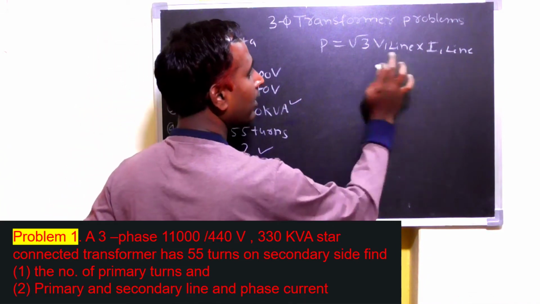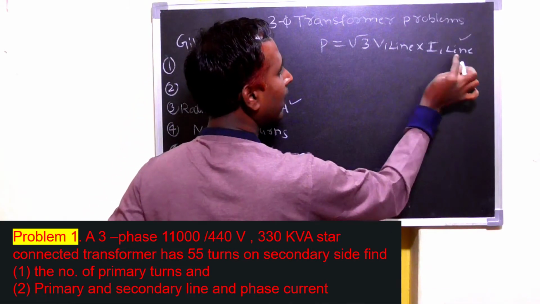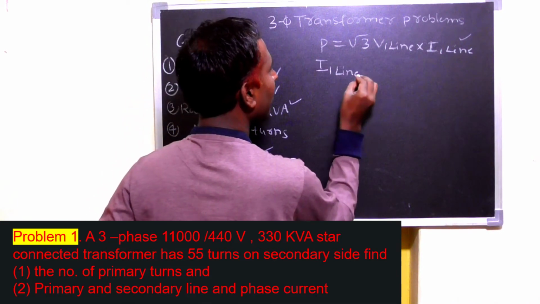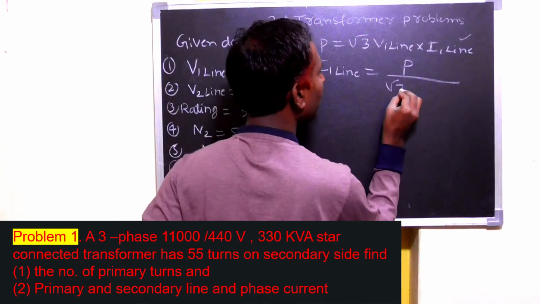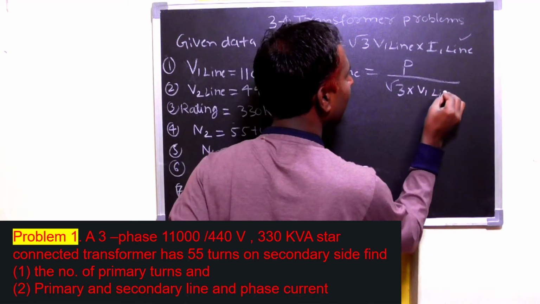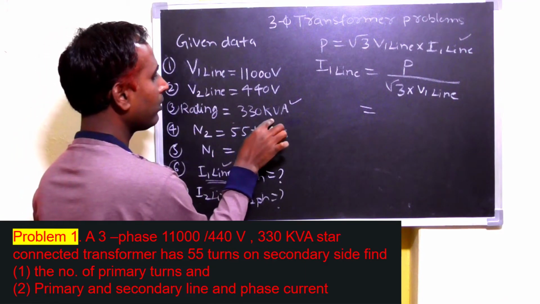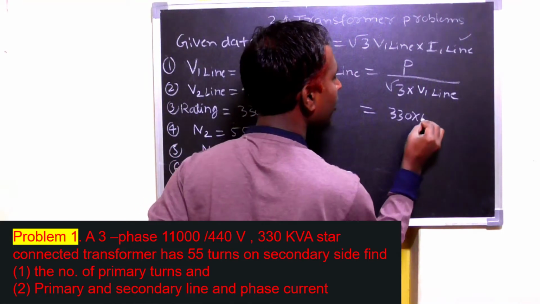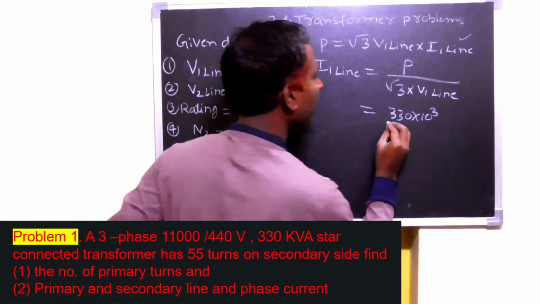I want to find the primary line current, so the formula becomes I1 line equals P divided by √3 times V1 line. We know P is 330 kVA, and K means 1000, which is 10 raised to 3.